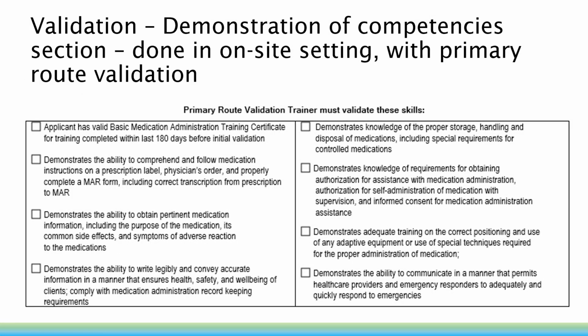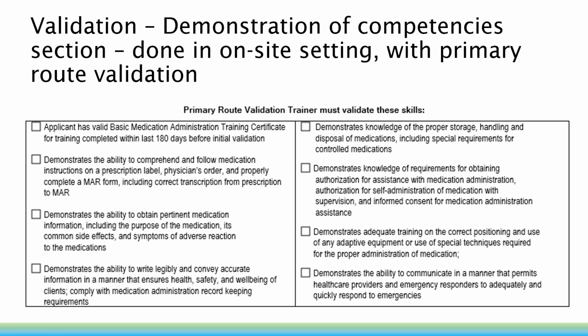The demonstration of these competencies will be done in an on-site setting with primary route validation. The validation trainer will validate your abilities and skills with the following: Applicant has a valid basic medicine training certificate for training completed in the last 180 days before initial validation.